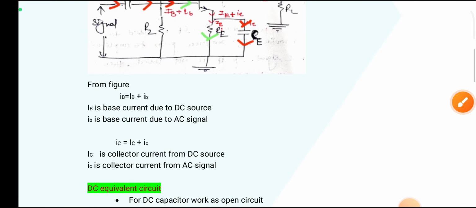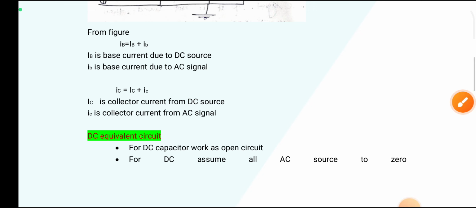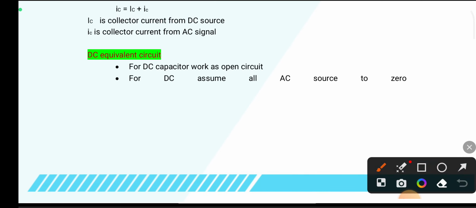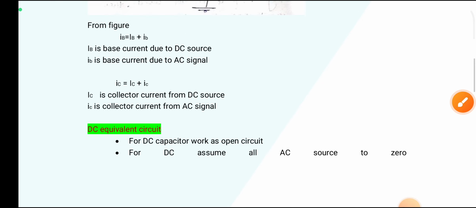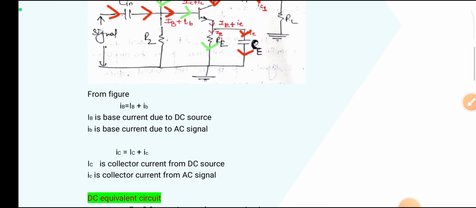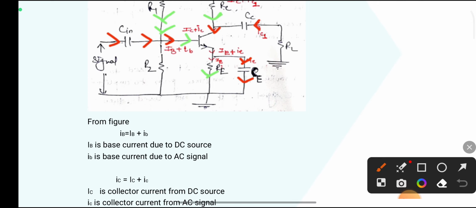Next, another point is that for DC we assume all AC sources to be 0, or these AC sources can be connected to ground. Here there is an AC source.